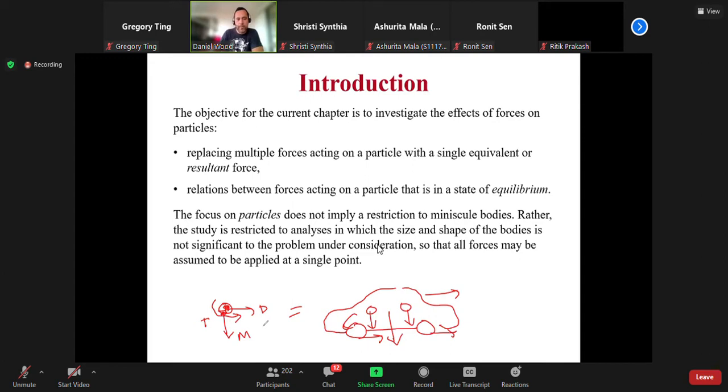Forces being applied or assumed to be applied at a single point. So we've got something complex being distilled down into something simpler to understand. Yeah, correct, Rohan. Weight equals mass times gravity. So in this case, the mass here multiplied by gravity would be equal to the weight.